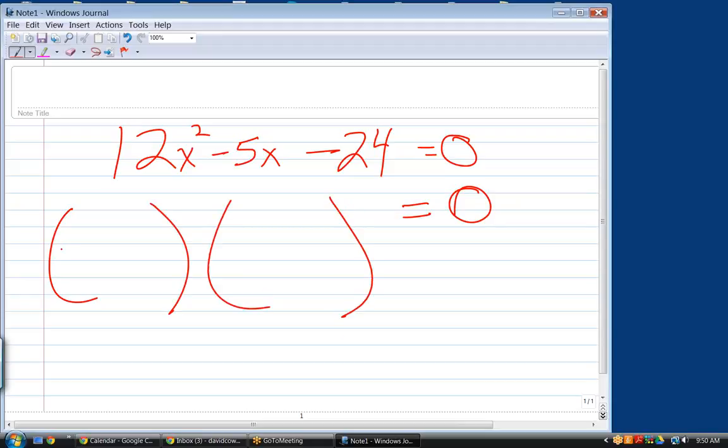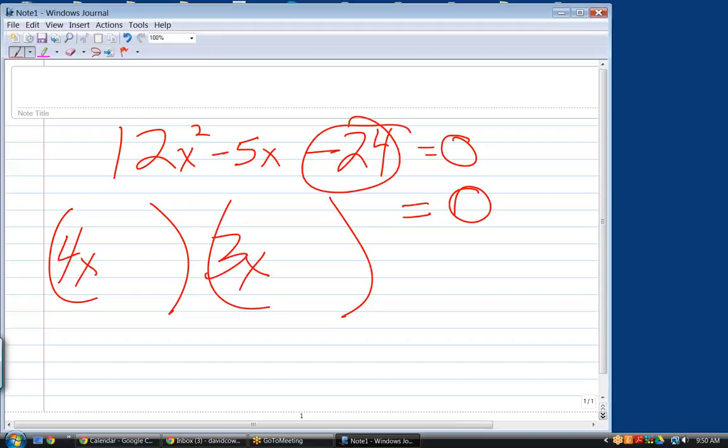This could be 6x times 2x. It could be 4x times 3x. It could be 12x times 1x. Although, again, I'm always going to suggest a first step of using the 2 closest factors. That would automatically be my first step. And then I would go from there.